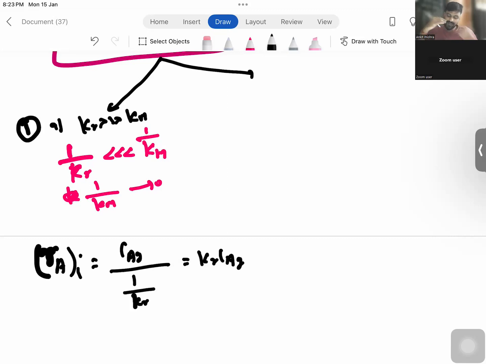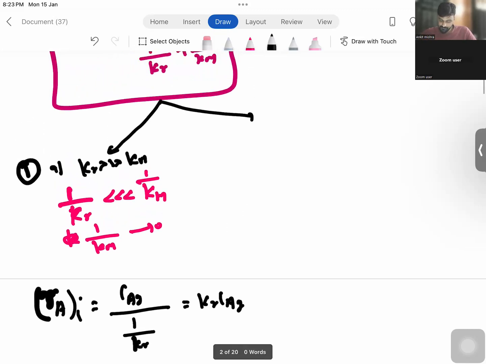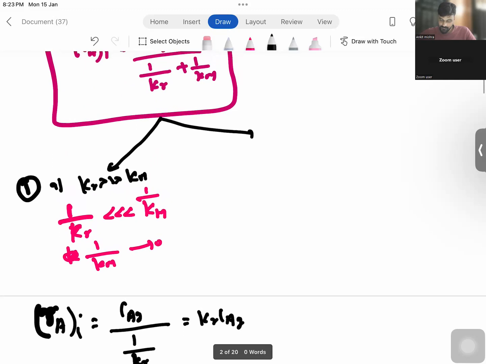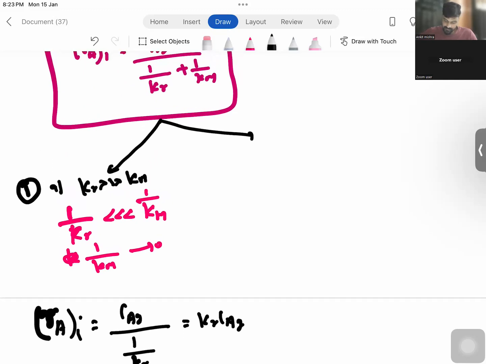Means if Kr is very much greater than Km, so what happens? The resistance incurred by mass transfer will be very high, right? Sorry for that, here I should write something else.